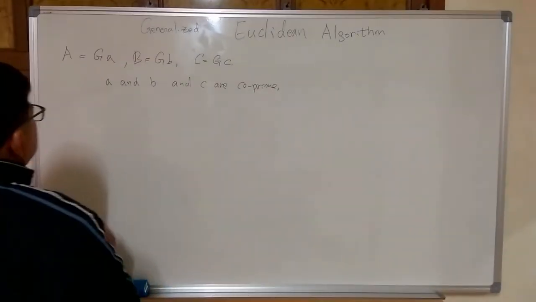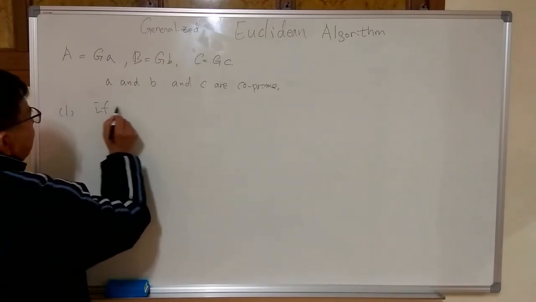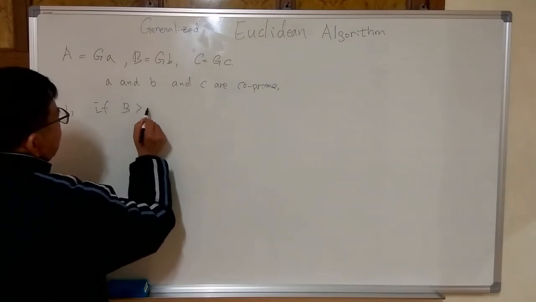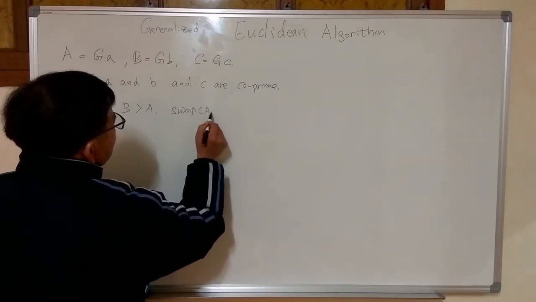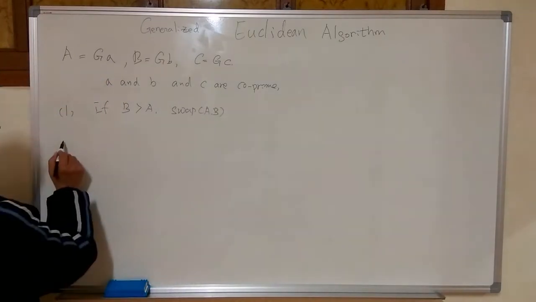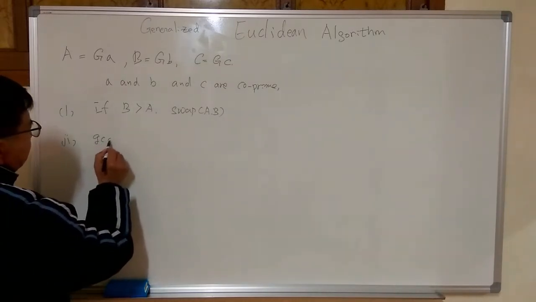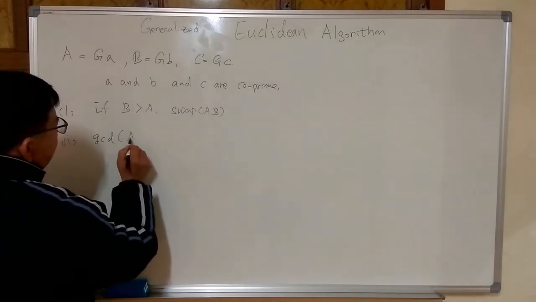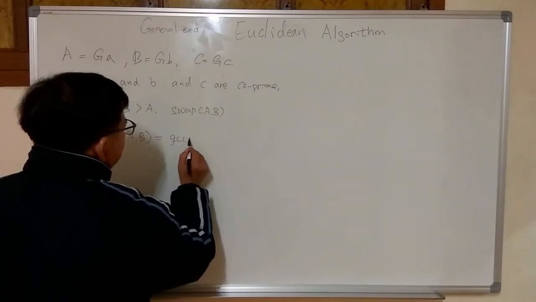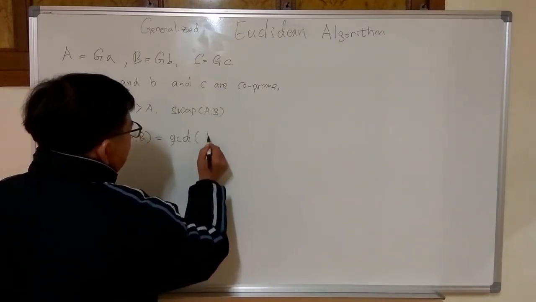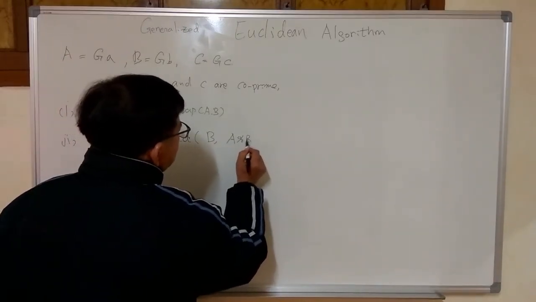Okay. Here, the Euclidean algorithm is something like this. If B is greater than A, then we swap A and B. Second, GCD(A, B) equals GCD(B, A modulo B).